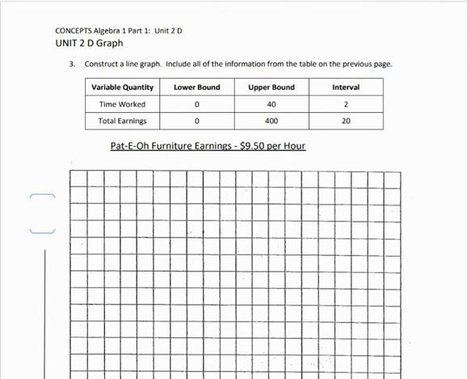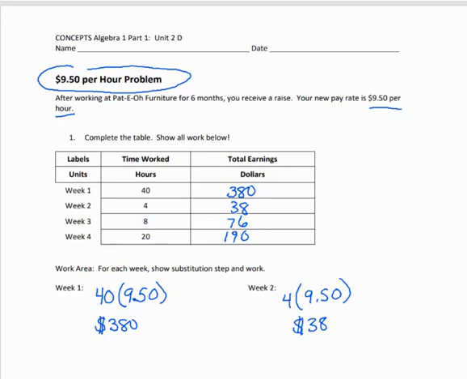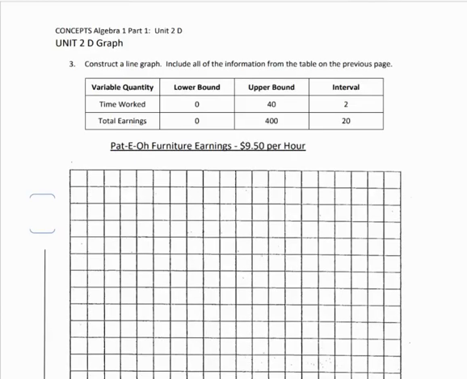The first column are our variables. And the variables are what we just talked about, the one thing we multiplied and the answer we got. So we have our time worked and our total earnings. Notice those came right from my table from number 1, time worked, total earnings, okay?